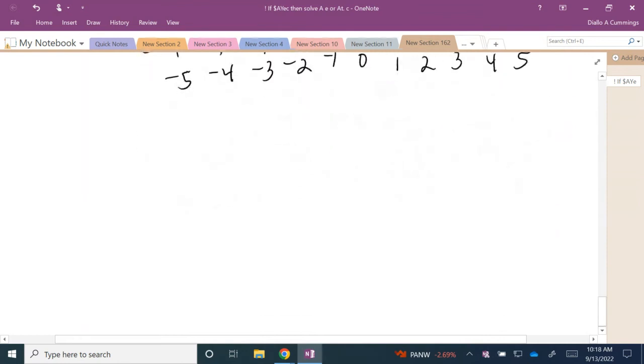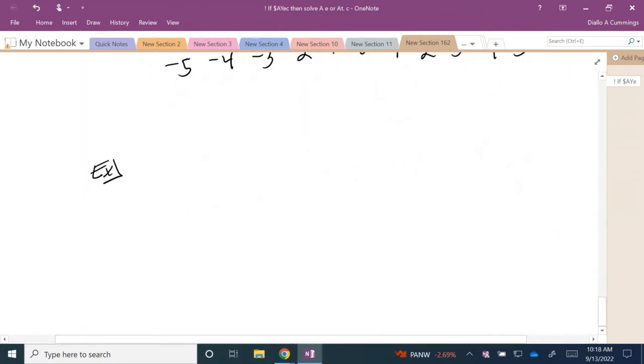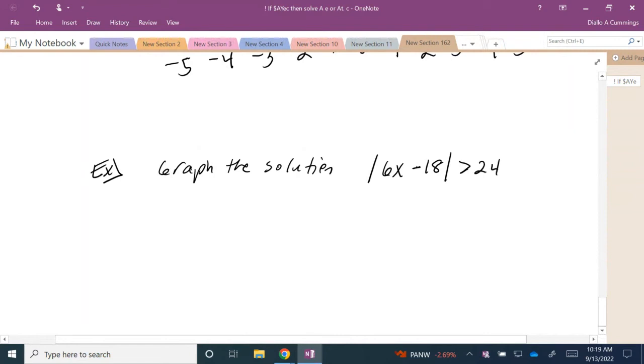All right. So now I'm going to give you one to attempt. In this example, we're asked to graph the solution. The absolute value of 6x minus 18 is greater than 24.